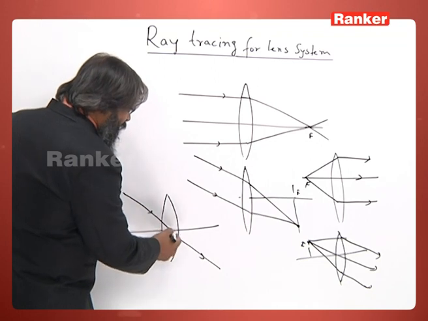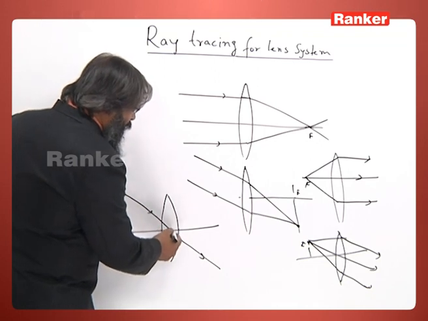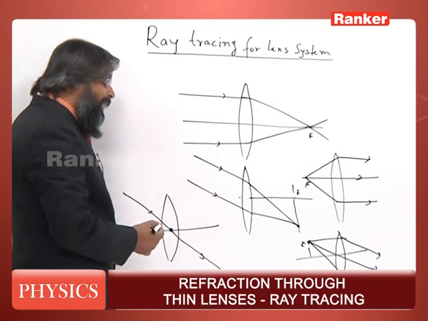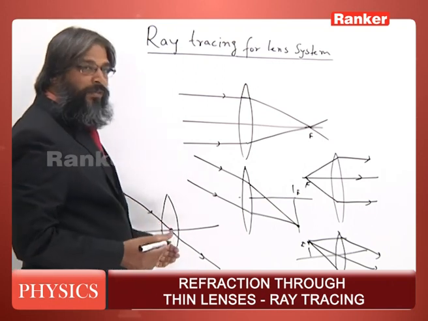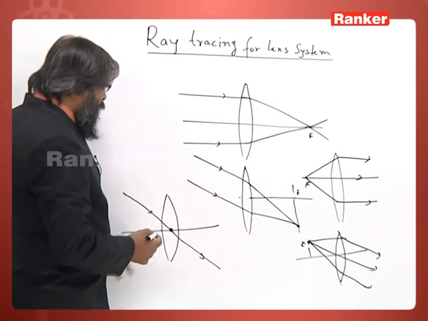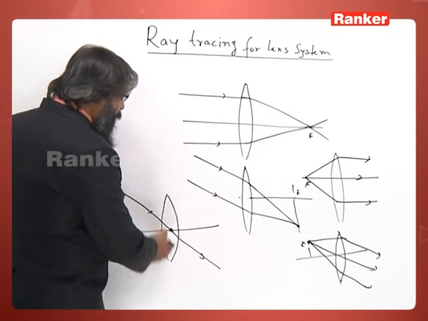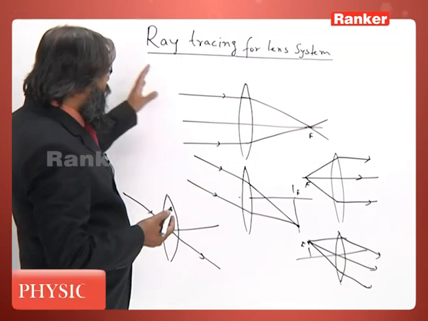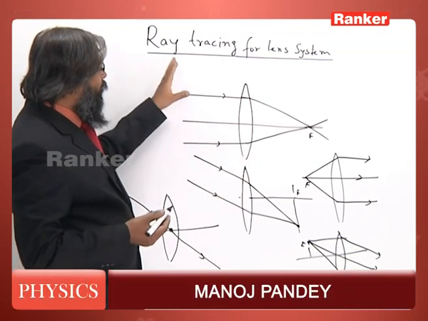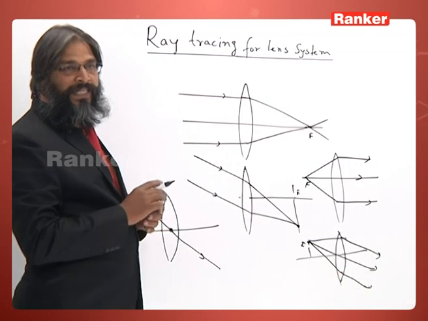Is it the center of the lens or where? So, let us first see what this optical center point is, as a property of the lens, and then we will go through different ray tracing exercises.